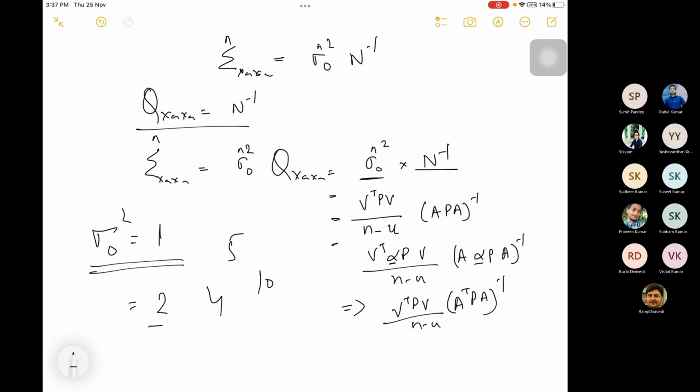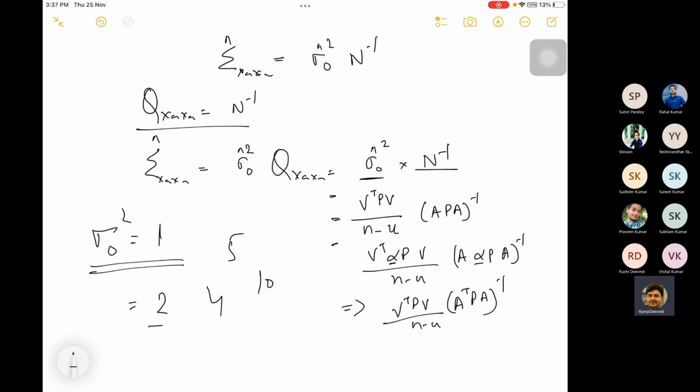So the question is, if it does not affect, because my discussion started with this point that today we have to focus more on the sigma naught square part. If it does not affect the parameters that are estimated or the variance covariance matrices that are estimated, then where does it affect?